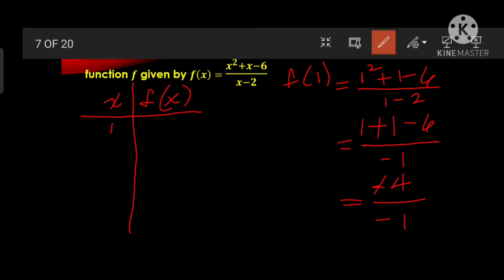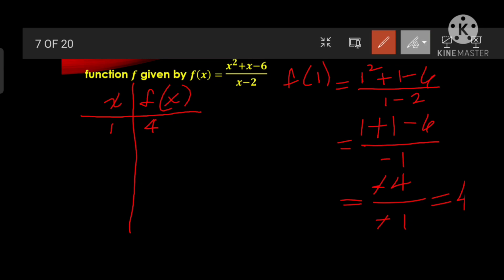Negative divided by negative is positive, and 4 divided by 1 is 4. So when x equals 1, our f of x is equal to 4.